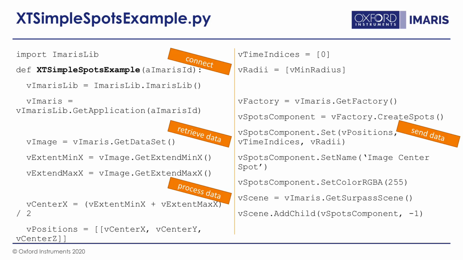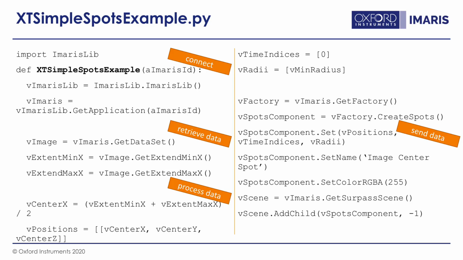Then we get some data from Imaris. In this case, we get the extents of the image that is currently loaded. Then we process the data. We calculate the center of the image position. And finally, we send back some data to Imaris. In this case, we generate a spots component in the center of the image.